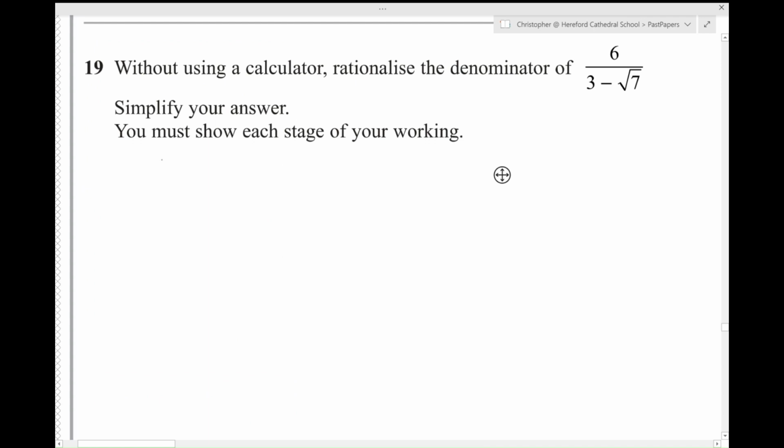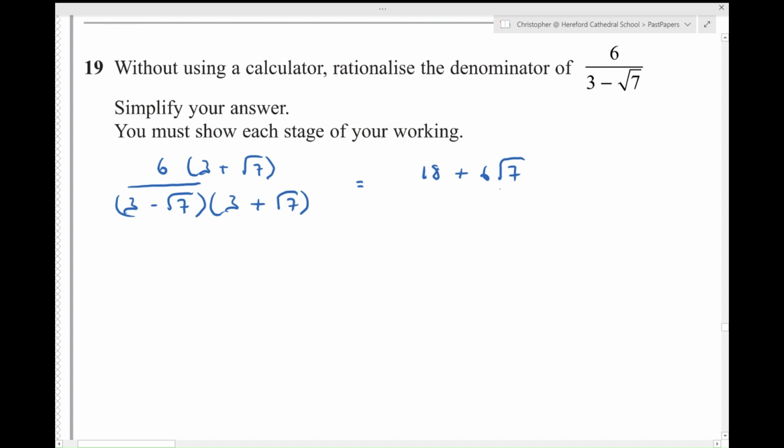I've got 6 over 3 minus root 7. So I'm going to multiply top and bottom by 3 plus root 7. So on the top, I'm going to have 6 3s are 18 plus 6 times root 7. And on the bottom, I'm going to have 3 3s are 9.